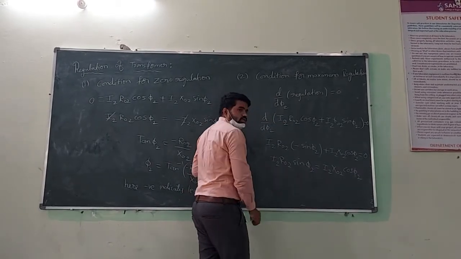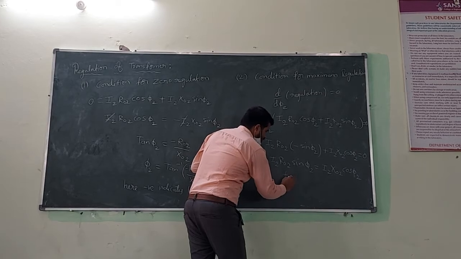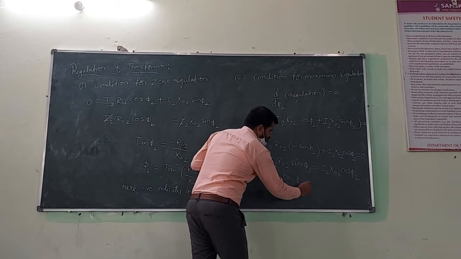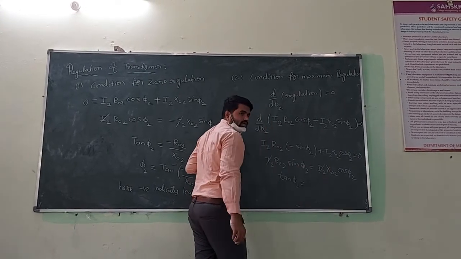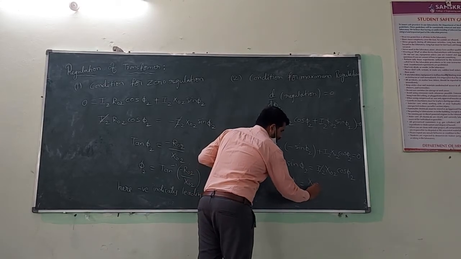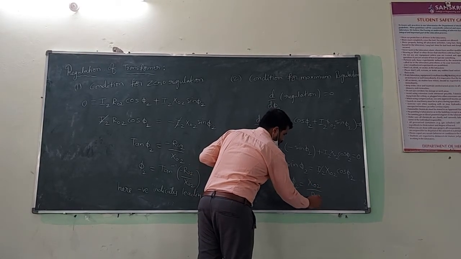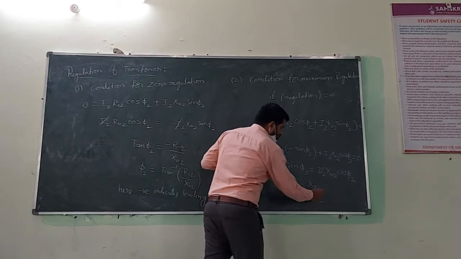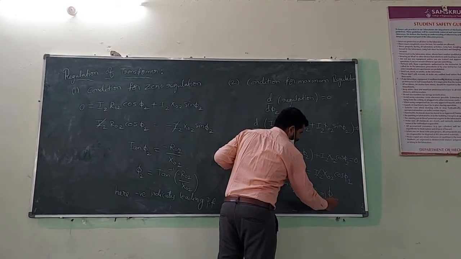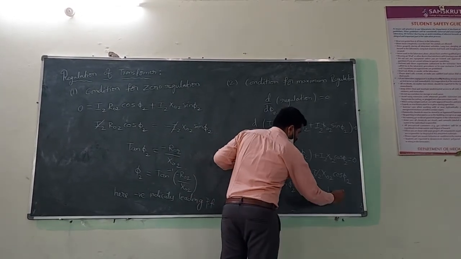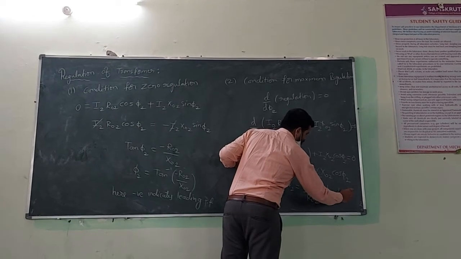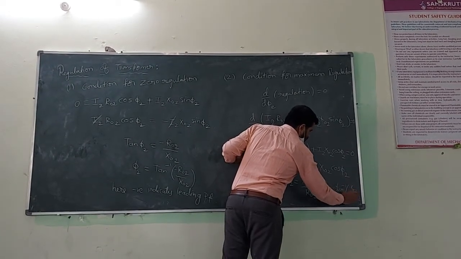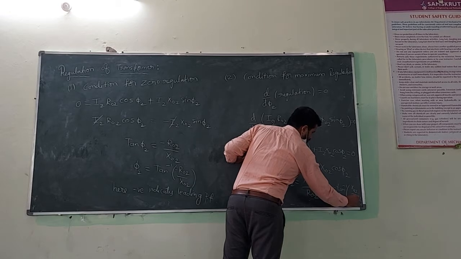I want only the phi 2 value. Sin by cos gives tan phi 2, and this I2 will get cancelled. Tan phi 2 equals X02 by R02. I want only the angle. The angle is equal to tan inverse of X02 by R02.